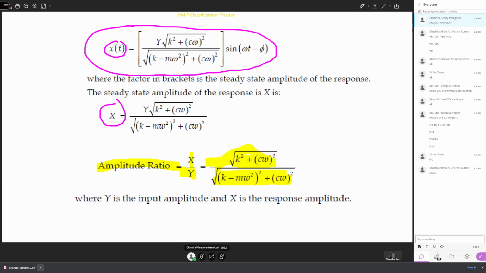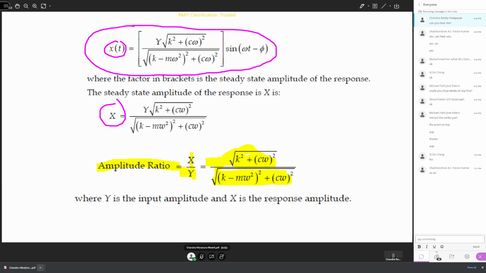Therefore, the amplitude can be written by considering this factor as 1. So we can write the amplitude as only this portion: Y into square root of k square plus c omega square over square root of k minus m omega square, whole square, plus c omega square. So this is the expression for the amplitude of the movement of the mass.